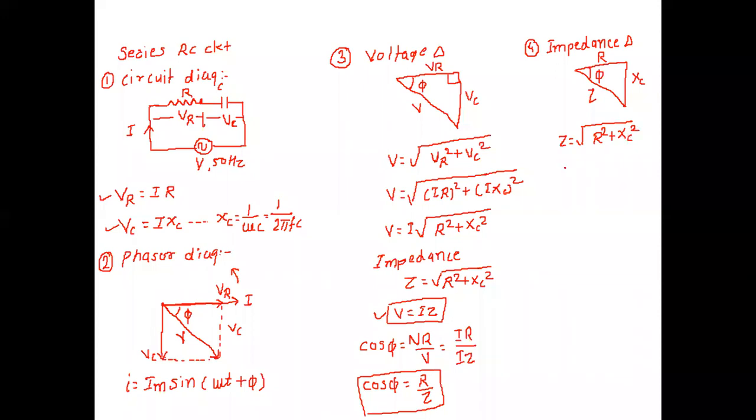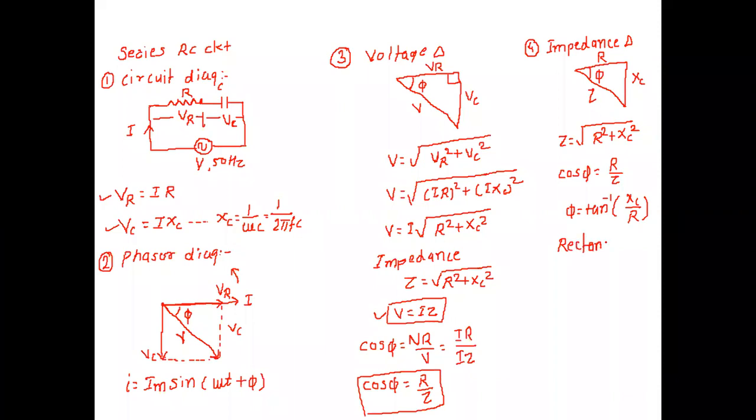Then you can calculate the power factor, cos phi equal to R upon Z. Then you can also calculate the phase angle phi, which is equal to tan inverse of XC upon R.